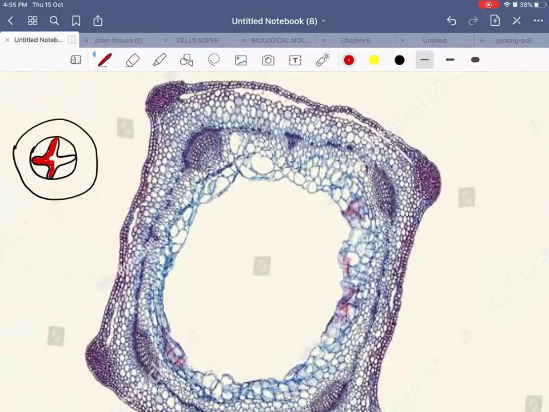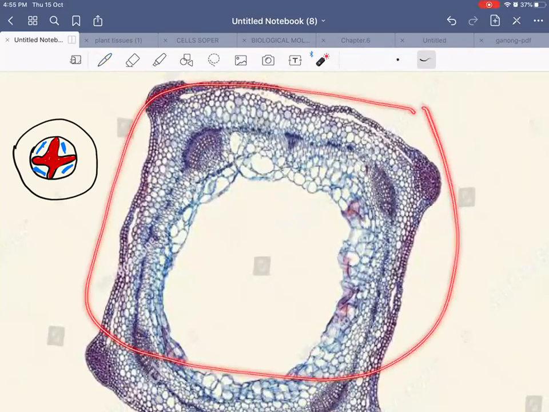As you can see, I'm coloring the xylem red just to make it obvious. So a root always has alternate patches of xylem and phloem. The one in blue is phloem and the one in red is xylem. Whereas if it's a stem, it will look like this. As you can see over here, a stem is always hollow in the middle. That's one of the hallmarks of a stem. It's always hollow in the middle, right?